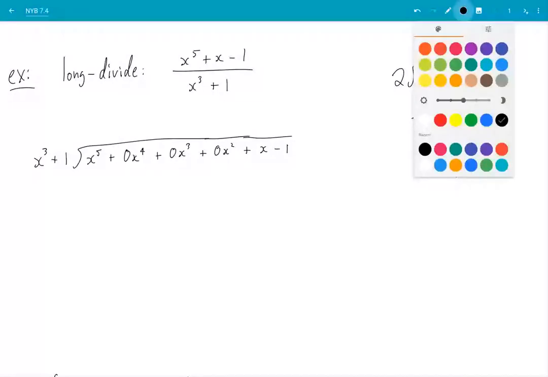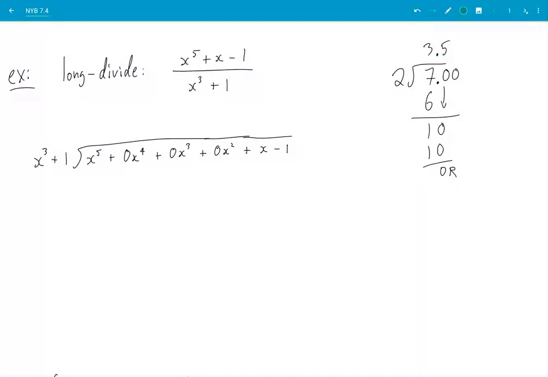So that's basically what I'm going to do over here. I'm going to say x cubed goes into x to the 5. How many times? Well, it's x squared, right? x squared times x cubed is going to give me x to the 5.